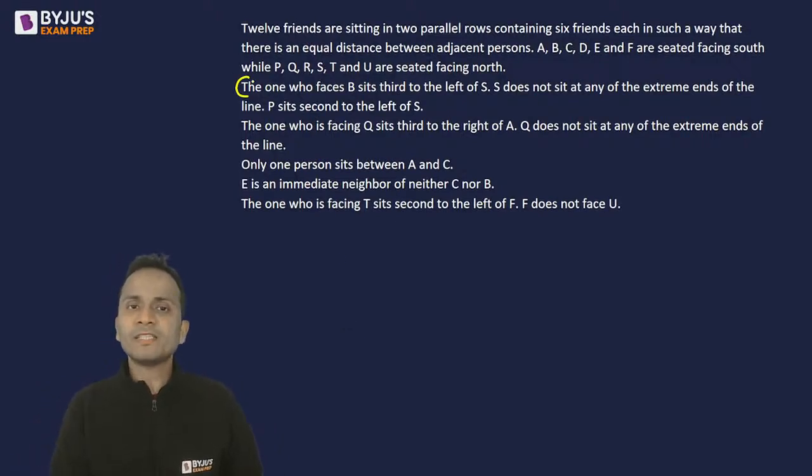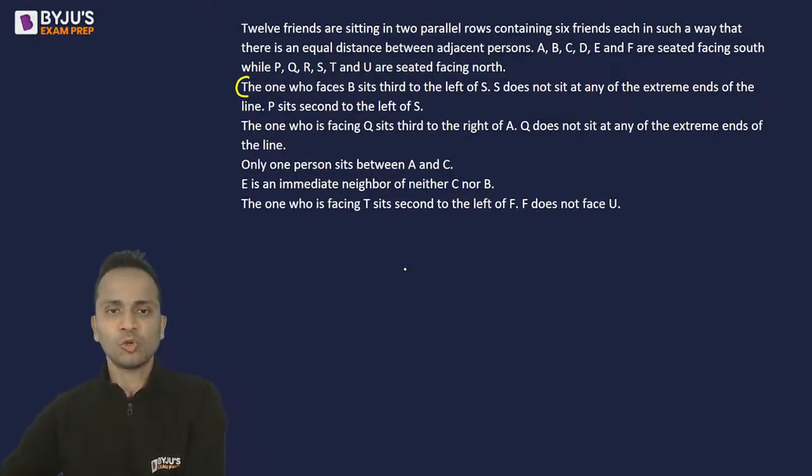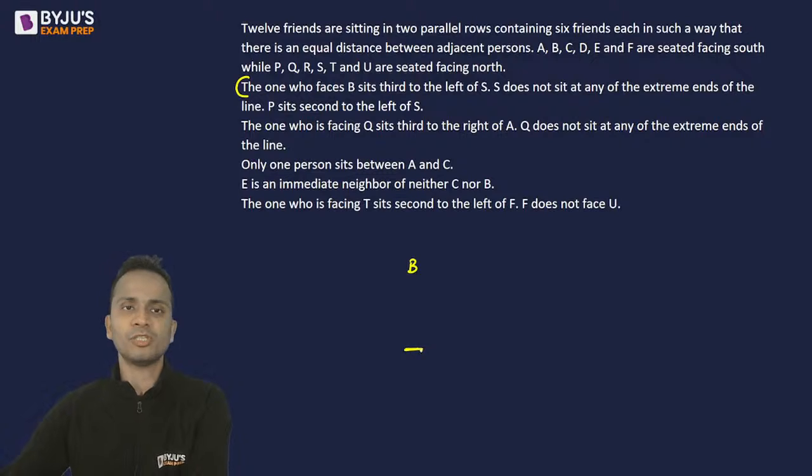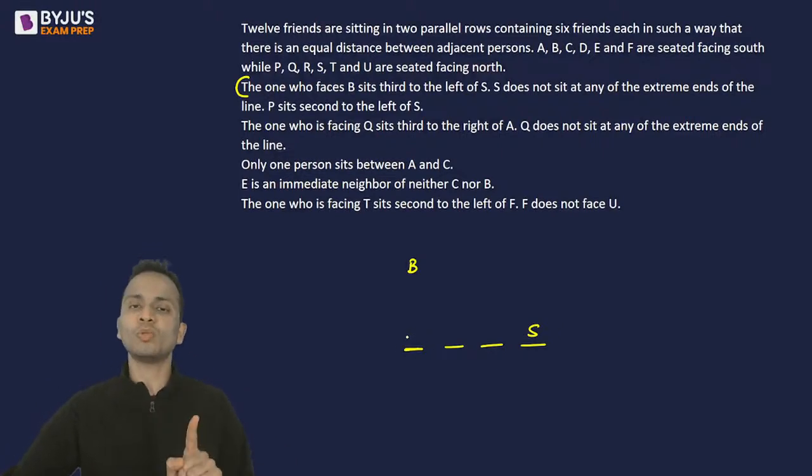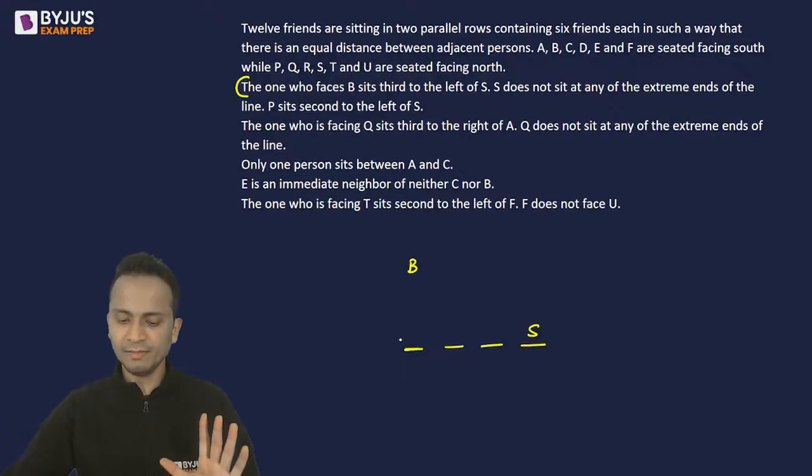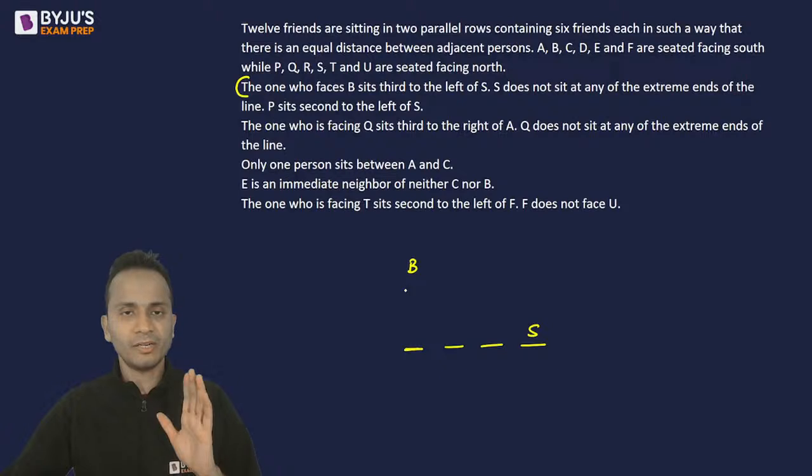The one who faces B sits third to the left of S. So let's say B is sitting at any of the chairs, and the one who is facing B is sitting third to the left of S. So 1, 2 and 3. So S will be sitting here, and the person who is sitting third to the left of S is facing B, right?